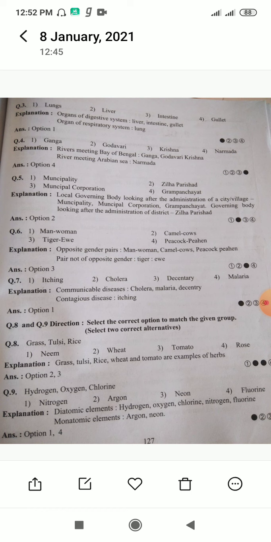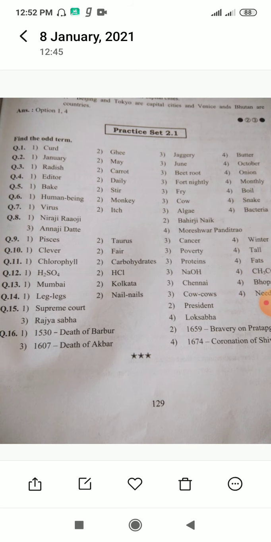Like this, there are more questions, and the same questions are also in practice set 2.1. Find the odd one. It's a very simple and easy practice set. See question number 1: curd, ghee, jaggery and butter.